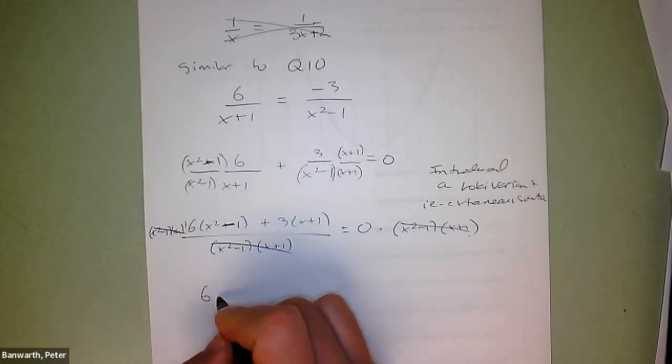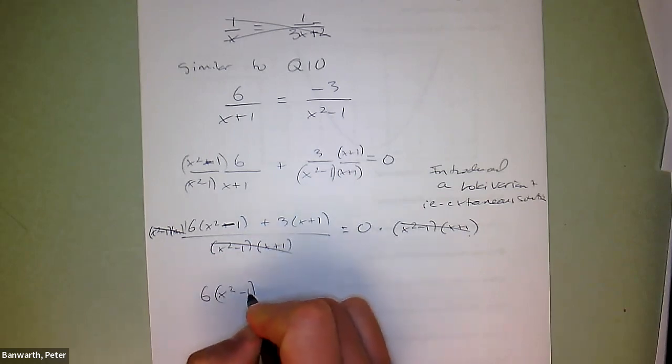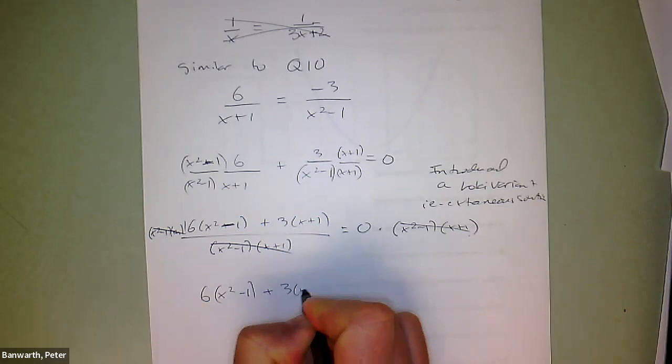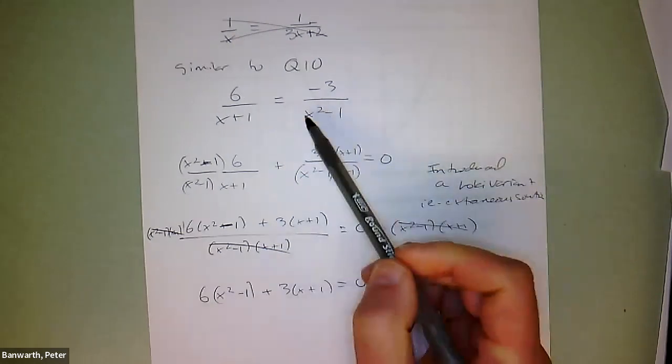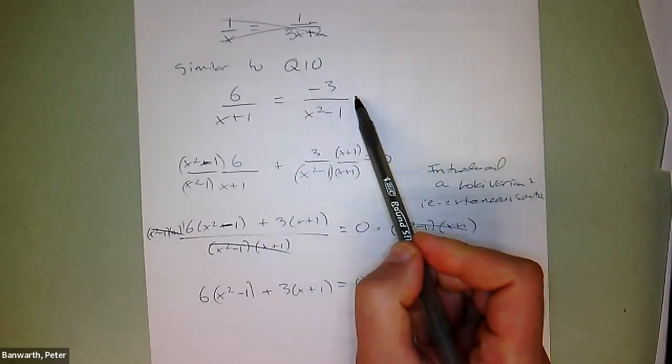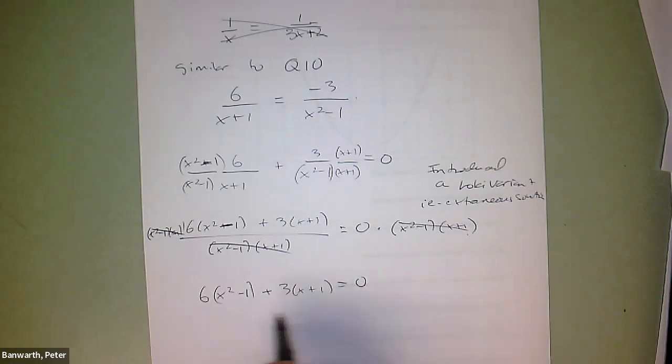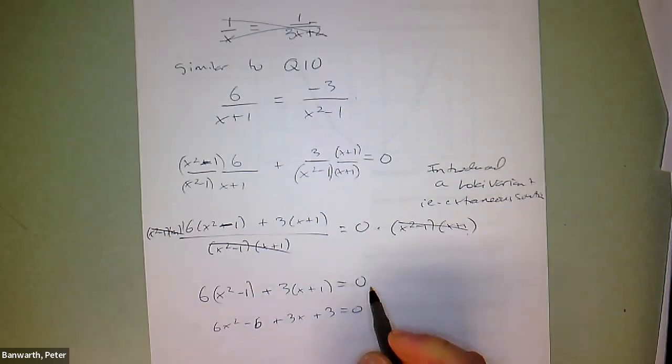But now I have 6 times x squared minus 1 plus 3 times x plus 1 equals 0. And I've gone from a rational equation to a quadratic equation. If I multiply it out, I get 6x squared minus 6 plus 3x plus 3 equals 0.